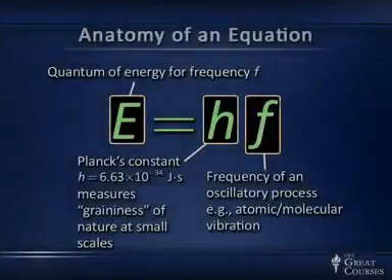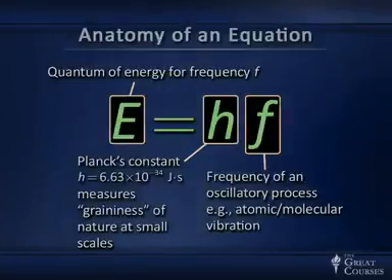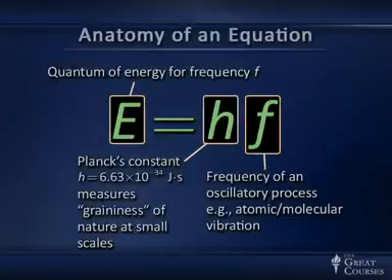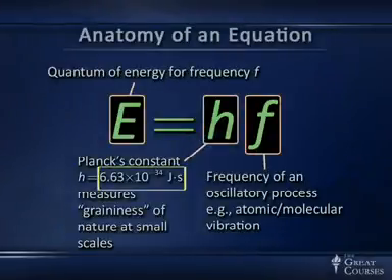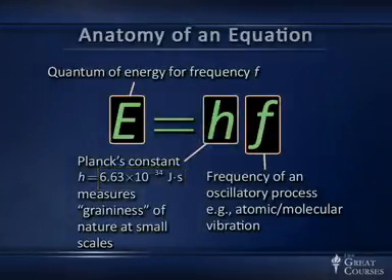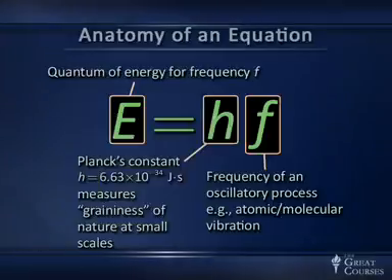Anyway, on the left is the quantum of energy for frequency f, the minimum amount of energy you can have in a vibration at that frequency. On the right is the frequency, and the proportionality constant, again, is Planck's constant, 6.63 times 10 to the minus 34 joule seconds.